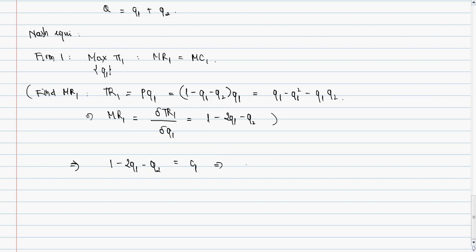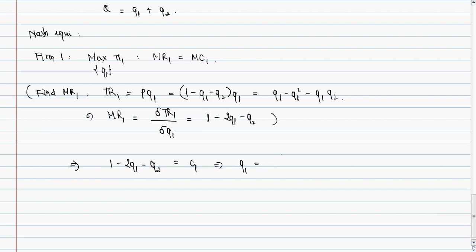Again, the idea is firm 1 chooses Q1, taking Q2 as given, so firm 1 doesn't have any power to affect Q2. They will be treating Q2 as a number and choosing Q1 in order to maximize the profit. So we have to solve for the quantity Q1, because that's the variable that firm 1 can choose in order to maximize the profit.